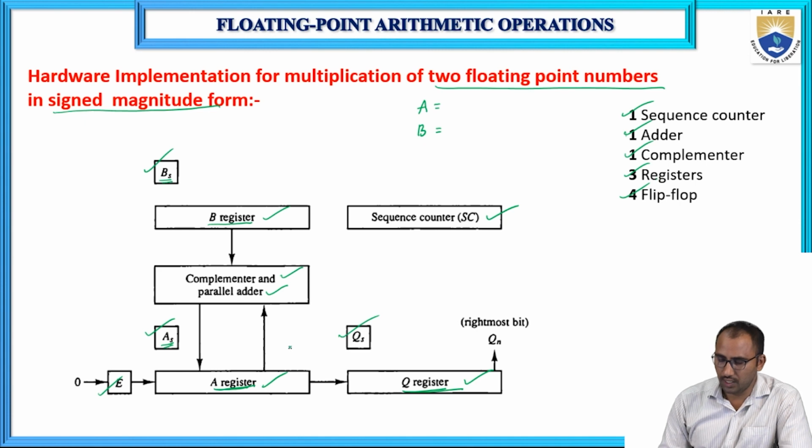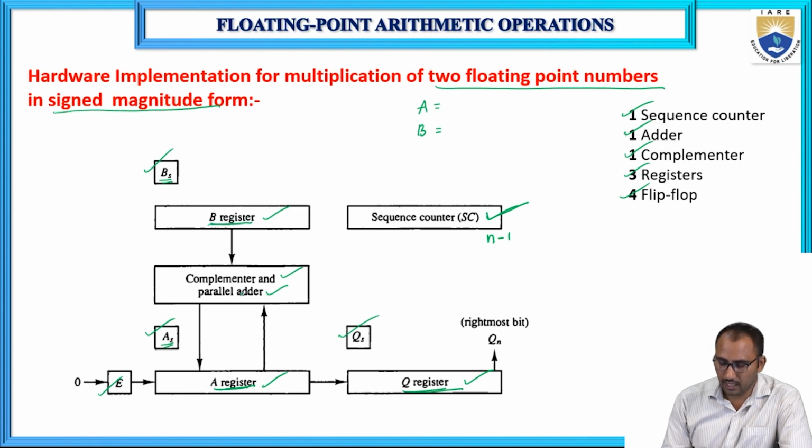Okay. So see here, this is a sequence counter. In the sequence counter, we will load the value which is equal to the number of bits in the multiplier, so n minus 1 will be stored in the sequence counter. And this is the B register.